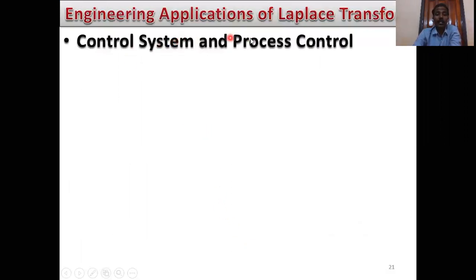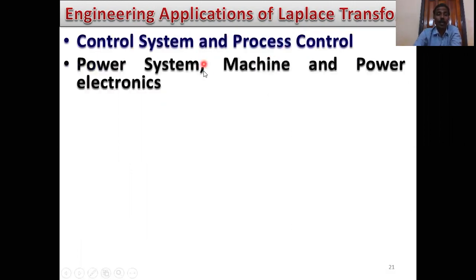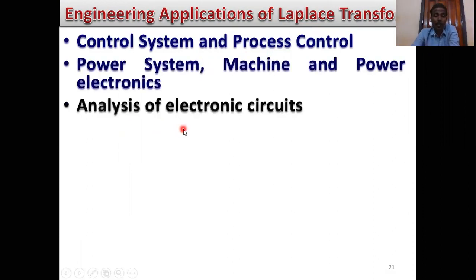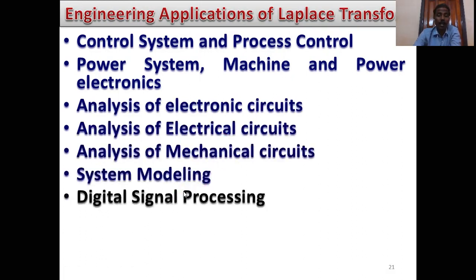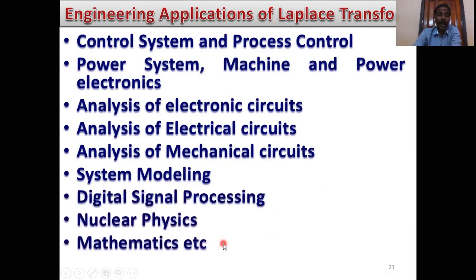Engineering applications of the Laplace transform include control systems and process control, power systems, machines and power electronics, analysis of electrical or electronic circuits, analysis of mechanical systems, system modeling, digital signal processing, nuclear physics, mathematics, etc. These are the engineering applications of the Laplace transform.